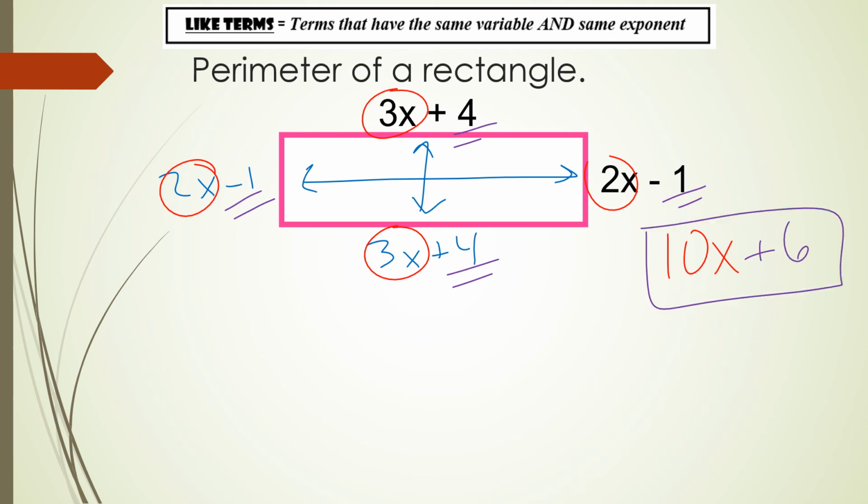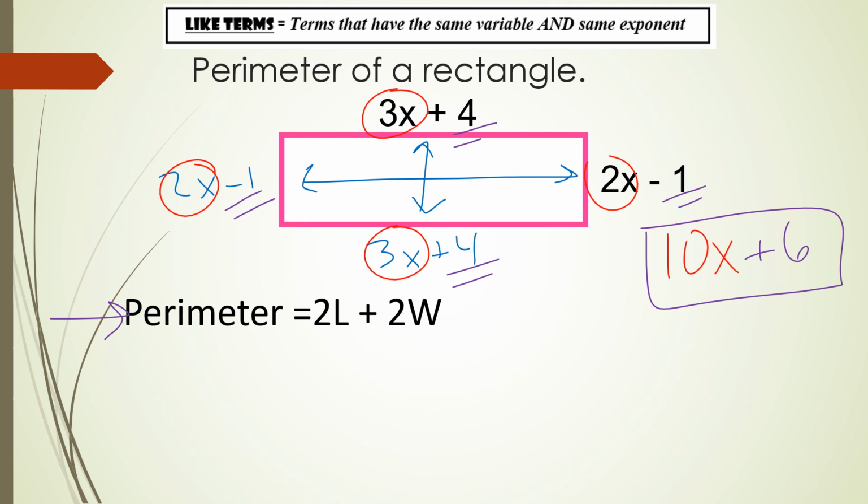So 10x plus 6. Thinking back to the perimeter formula that we've seen a lot in our word problems, I want you to write this on your paper to have a different way of doing this, but we could do this in a similar way that we use the perimeter formula and substitute, right?